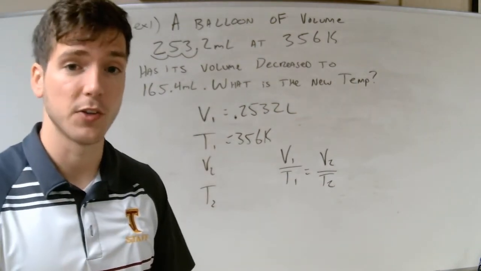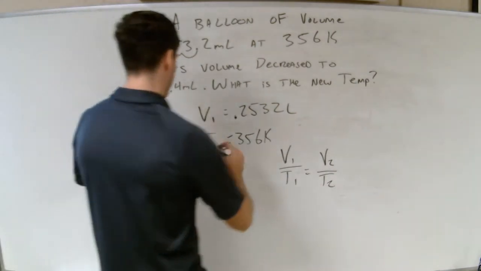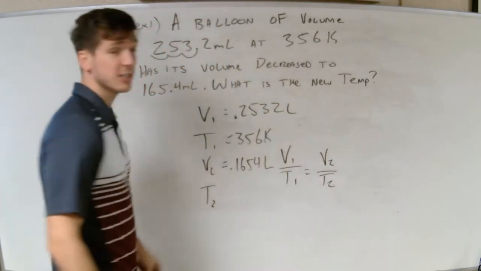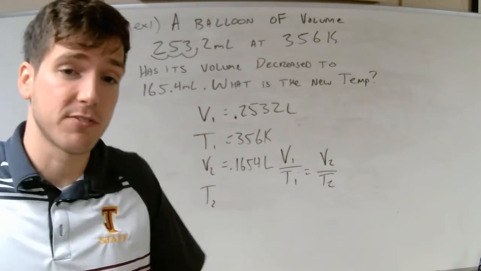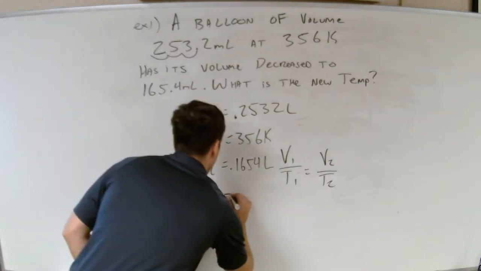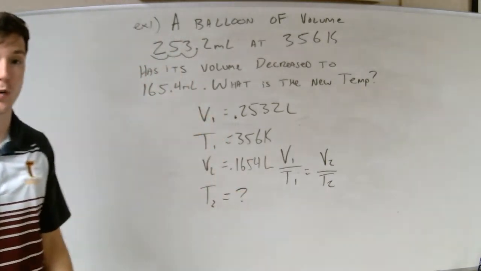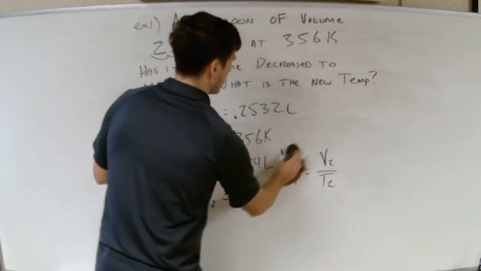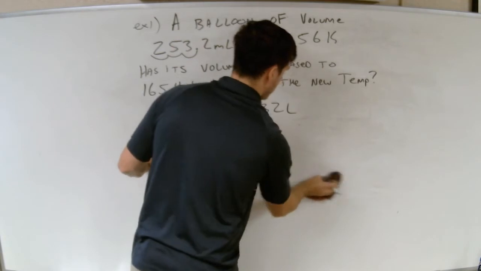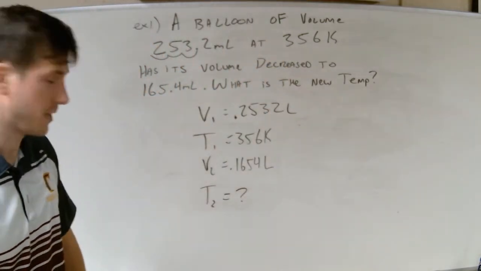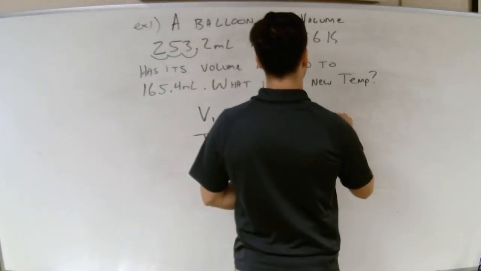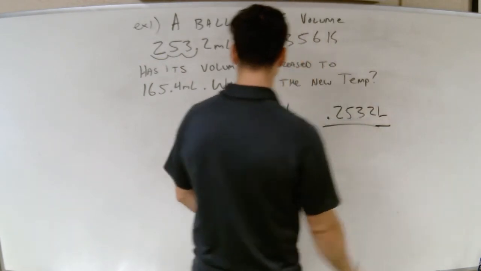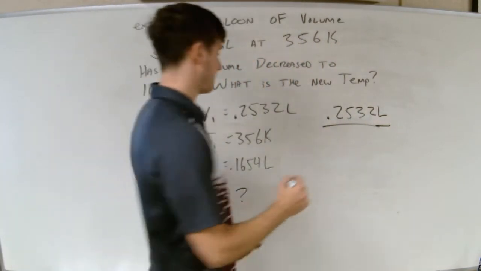Our second volume, it's 165.4, so it'll be 0.1654 liters. And our T2, we've got to have something to solve for, so our T2 is going to be our question mark. Let me go ahead and erase this, and we'll start plugging and chugging. V1 is going to be, like I said, 0.2532. T1 is going to be 356 degrees Kelvin.